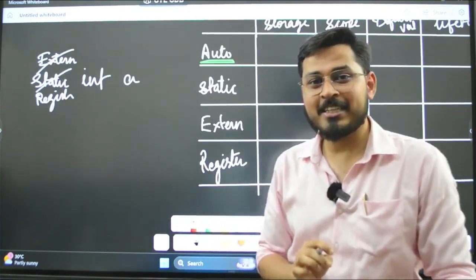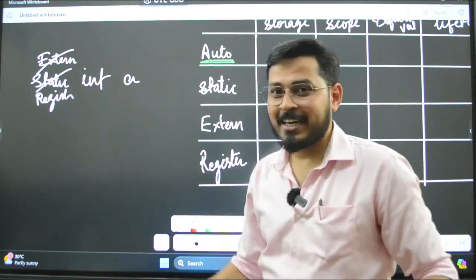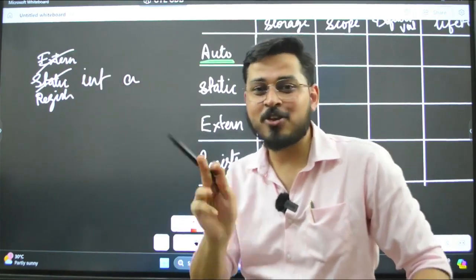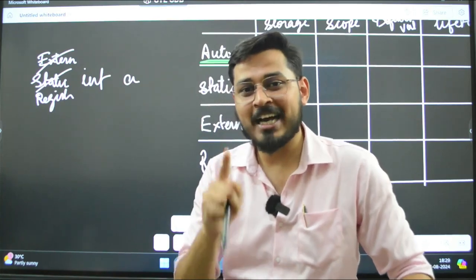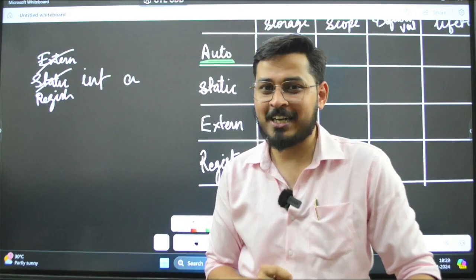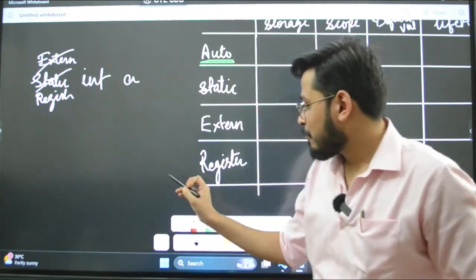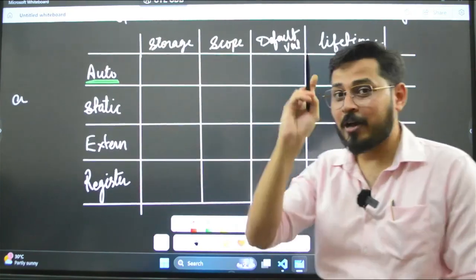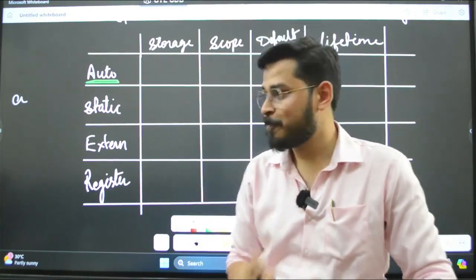If you think that, sir, we can write extern static register int a, then it is not possible. A variable can only have one storage class at a time. It cannot have multiple storage classes, correct? So we cannot do that. As I told, a variable can have only one type of storage class at a time.